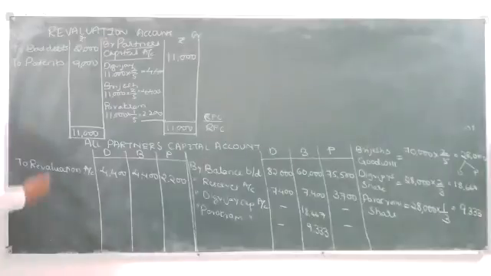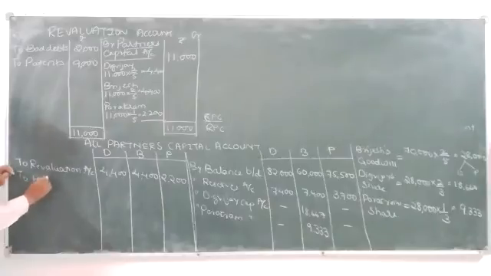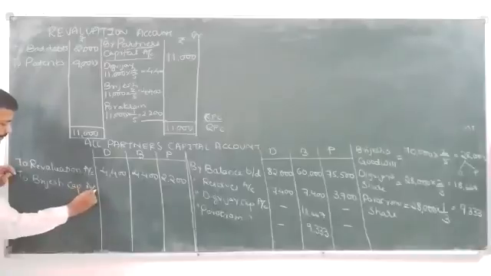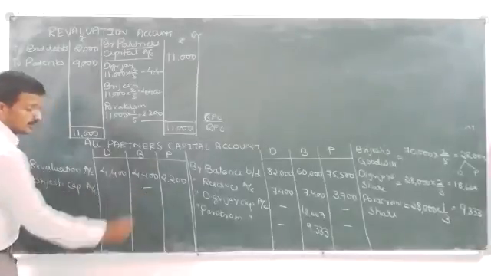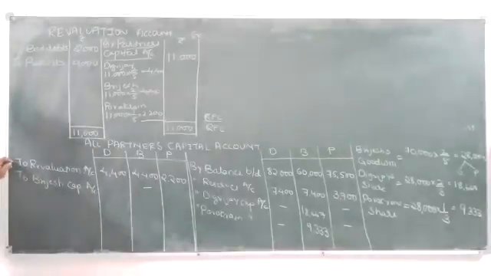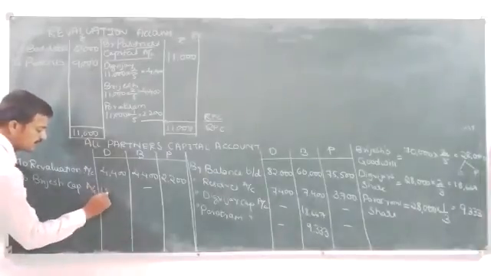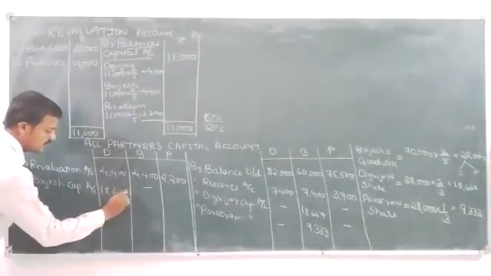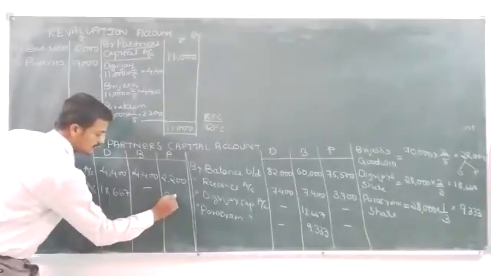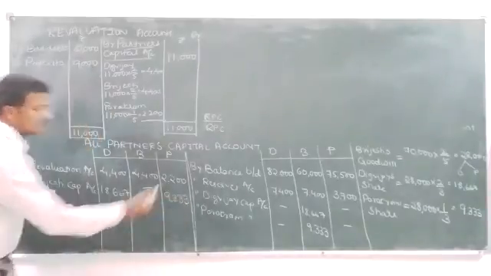And here we need to write 'To Brijesh capital account'. The amount should not be written in the Brijesh column, but you need to write it in the remaining column. The first one is 18,667 and the next is 9,333.